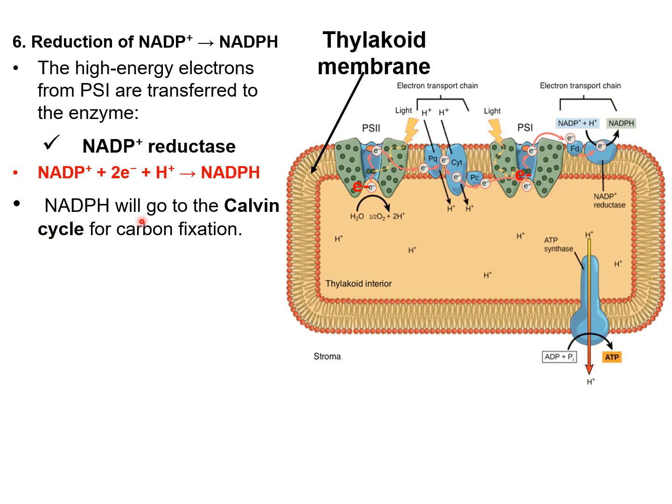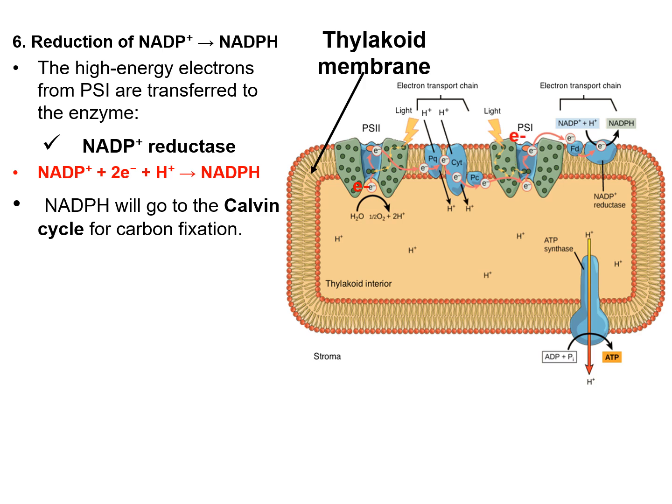Then NADPH will go to the Calvin cycle for carbon fixation. This carbon fixation takes place in the second stage of photosynthesis. Let us see the movement of electron and the final electron acceptor in the light reaction stage of photosynthesis.